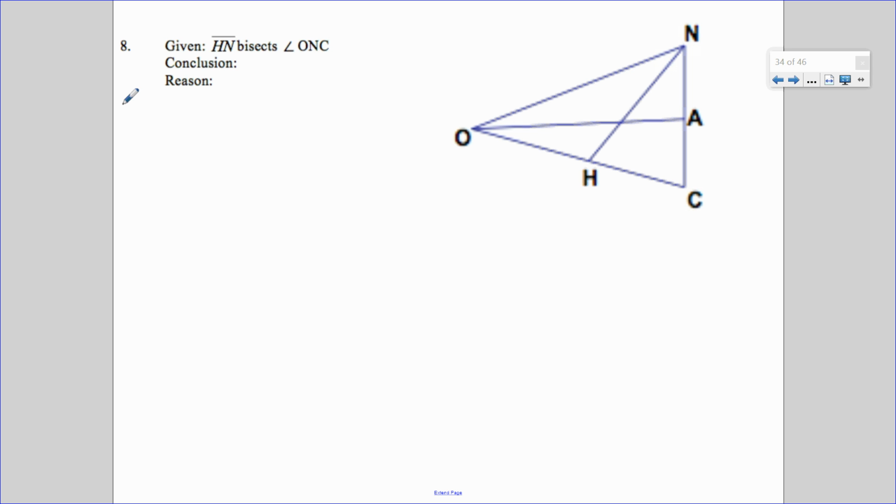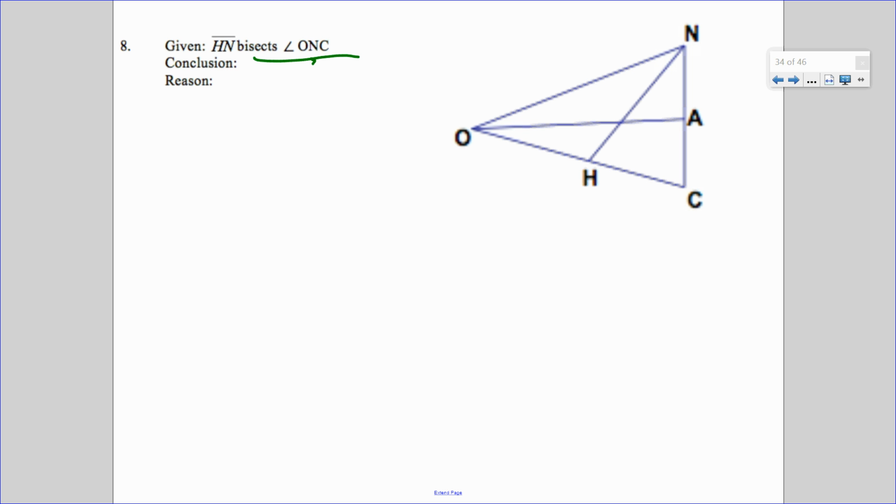All right, now that you tried number 8 on your own, the picture looks like two angles are being bisected. It looks like angle O and it looks like angle N. But you can't go by what it looks like. You have to go by what they give you. It says that HN bisects angle ONC. If HN punches ONC, ONC is what's punched, ONC is what's bisected.